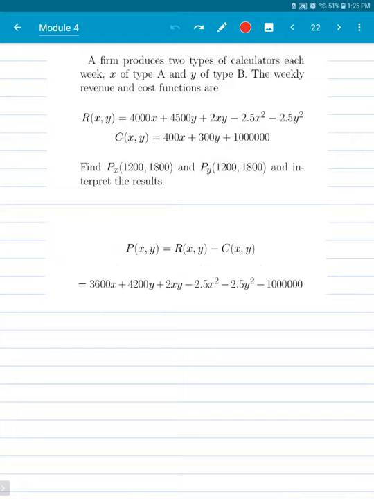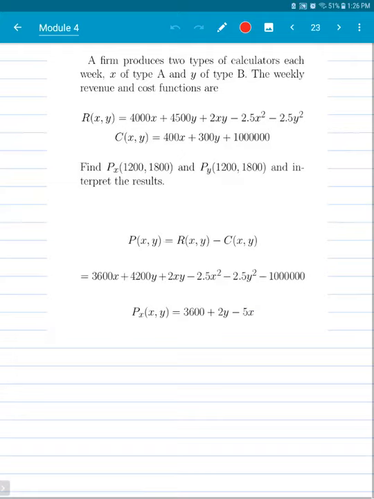And once you've found the profit function, you just get the partial derivatives. So getting the partial with respect to x, we have that. Just showing you, we differentiate this with respect to x. That's 3,600.